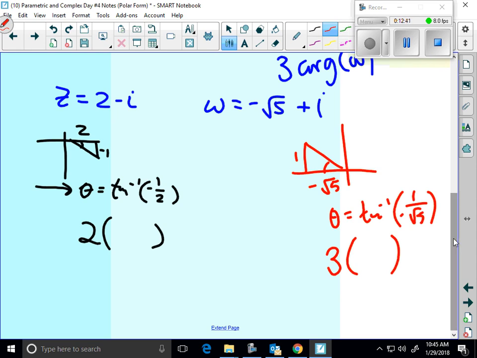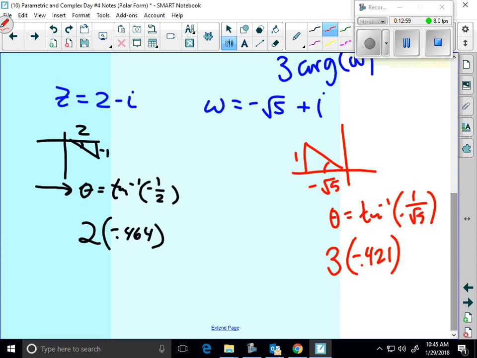Did somebody get inverse tangent of negative 1/2? Negative 0.46. Okay, I'm okay with that. And then somebody inverse tangent of 1 over negative root 5. Negative 0.421.